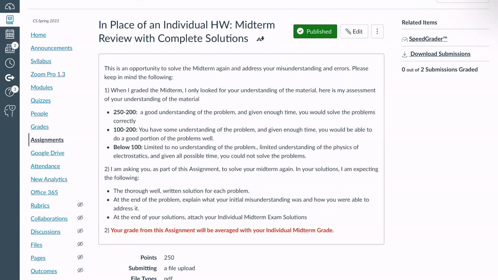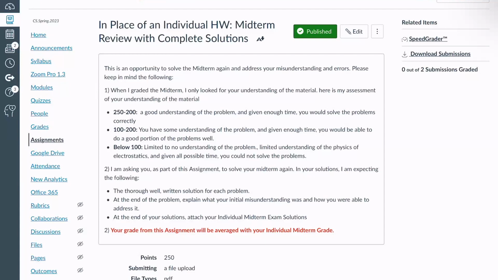So what I would like you to do as part of this assignment is put together a very thorough and well-written solution for each problem.